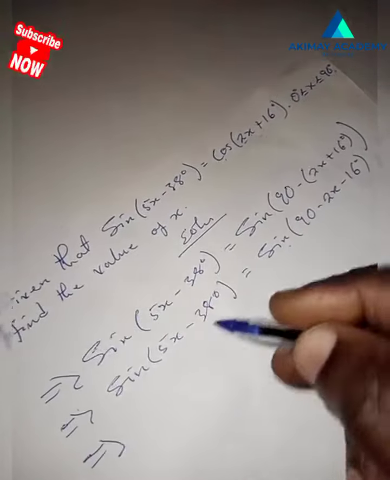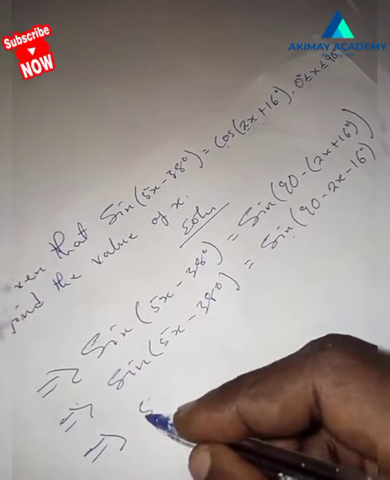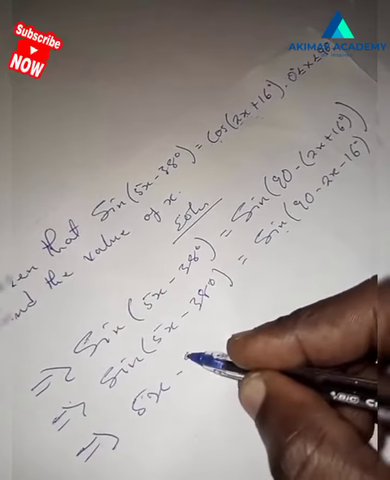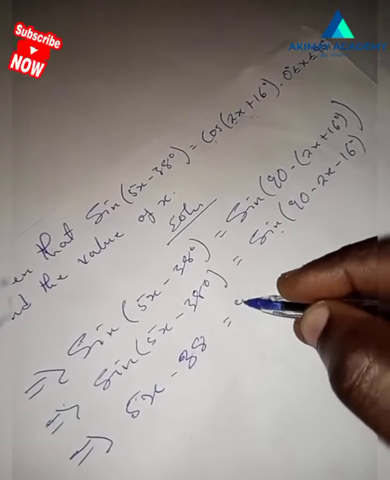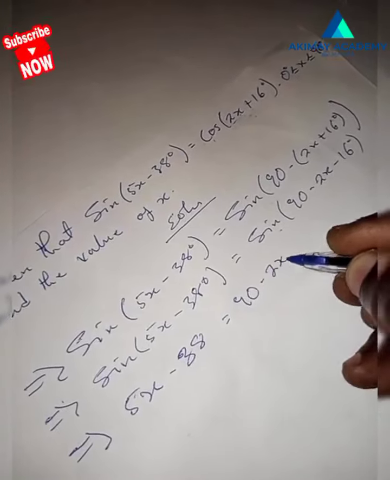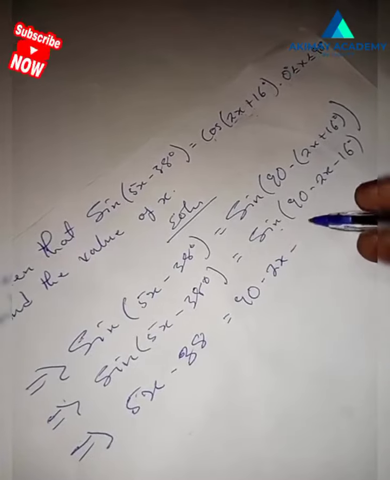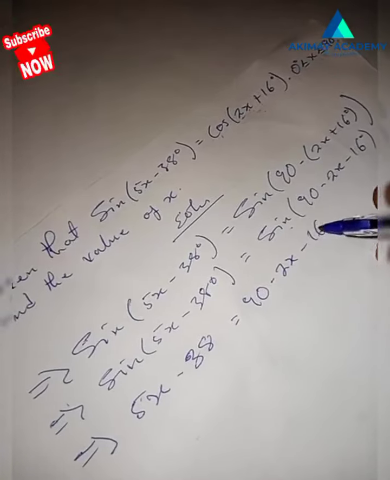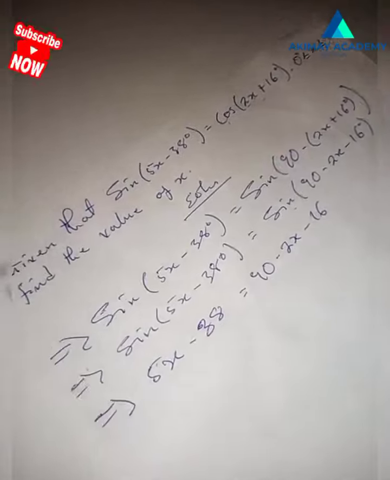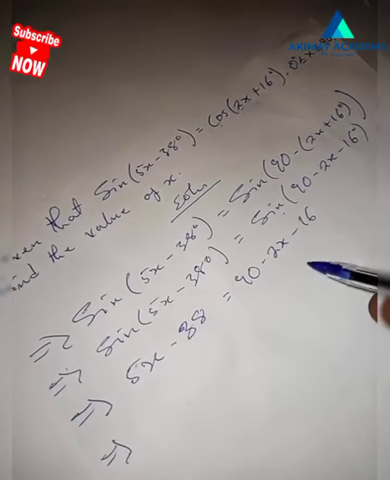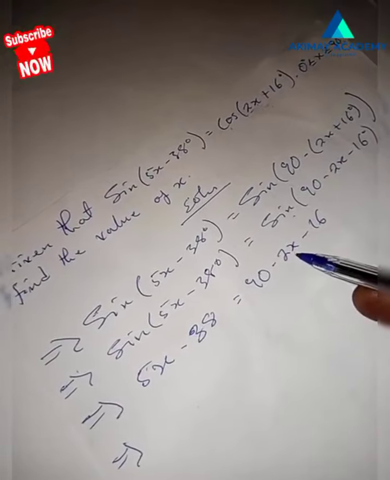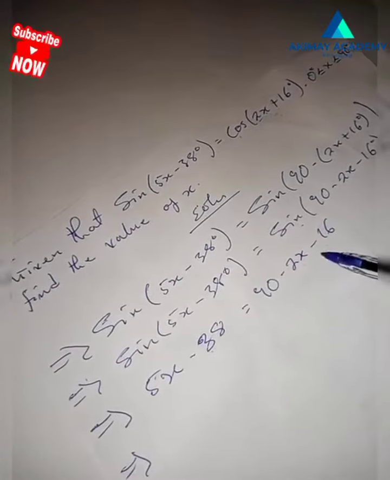So we can bring our values out: 5x minus 38 degrees equals 90 minus 2x minus 16. We can proceed and simplify straight away. We have minus 2x over here, and we send it to the other side.